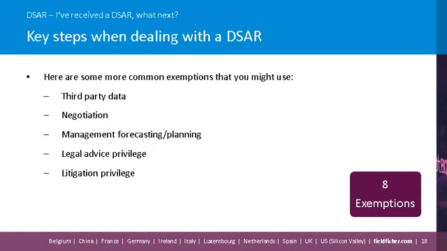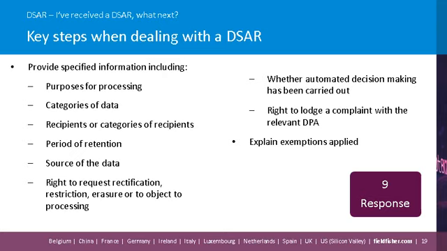It could also be a document created by the client's lawyer or on behalf of the client, which is to be used for the dominant purpose of litigation and relate to litigation which is pending, reasonably contemplated, or existing. To the extent that any of these exemptions apply, the data will not be subject to disclosure as part of the data subject access request.